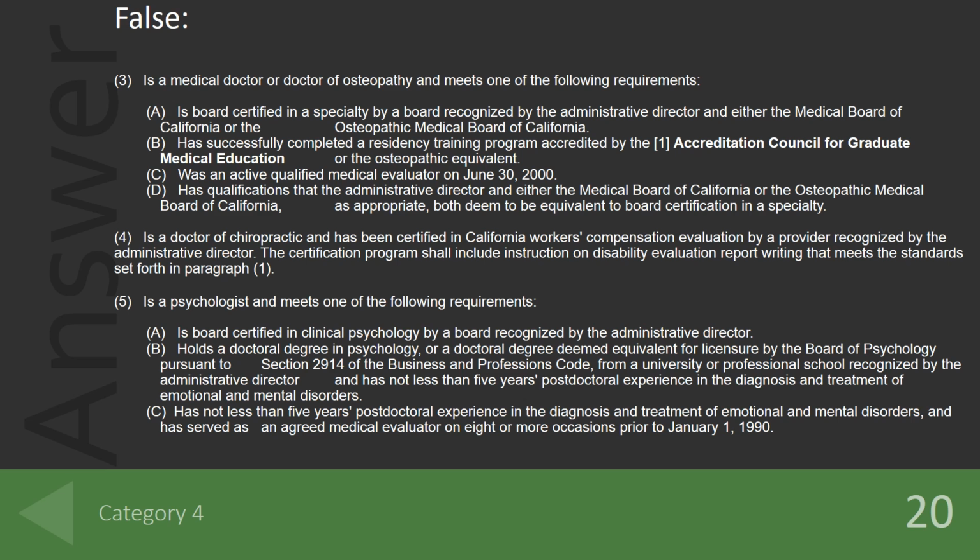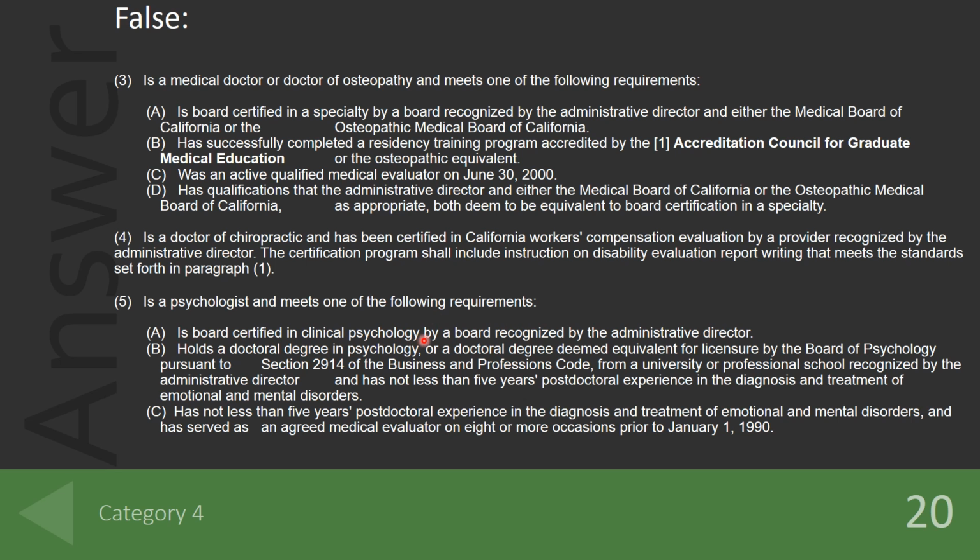Nowhere within these requirements does it say that they have to take a course in California Workers' Compensation. But the chiropractors do. The chiropractors do not have to take the 12-hour report writing course, but the medical doctors, doctors of osteopathy, and the psychologists do have to take a 12-hour course in report writing. For psychologists, psychologists have to meet one of the following.